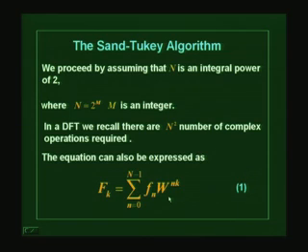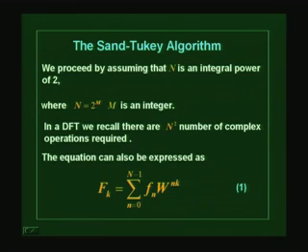Now we are going to write this discrete Fourier transform, forgetting 1 over n for the time being. We'll put the 1 over n in the inverse Fourier transform.